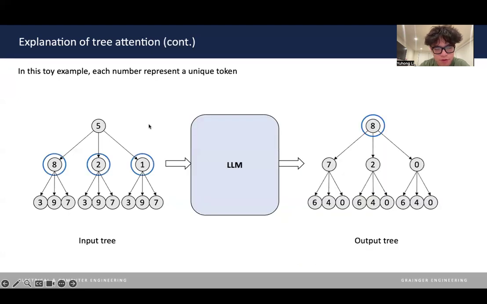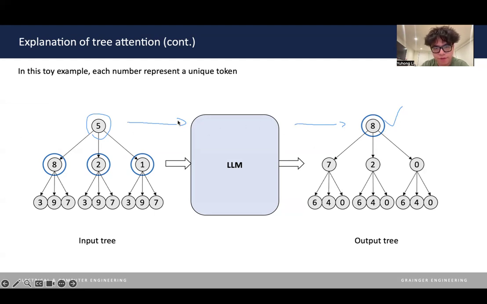Go to the next slides. How do we do the verification? We use a right shift to compare each layer of the tree with the generated tree. Because 5 is the LM's output, we feed it into the LM and get 8. This 8 must be the LM's output in an autoregressive way.